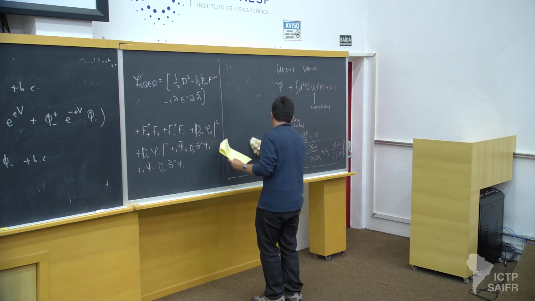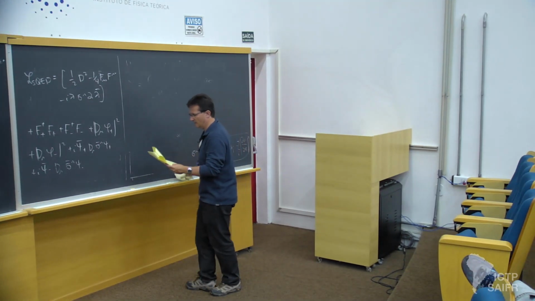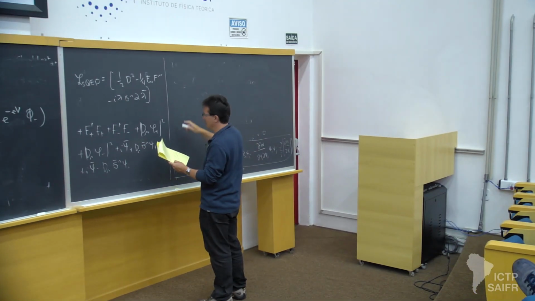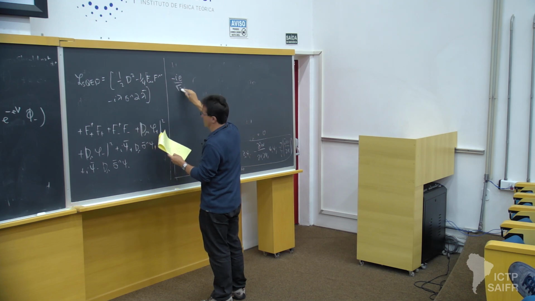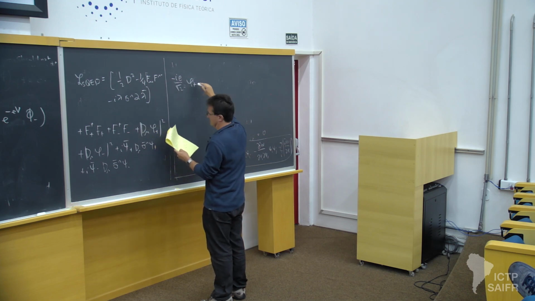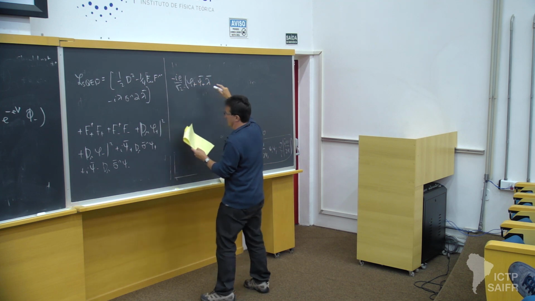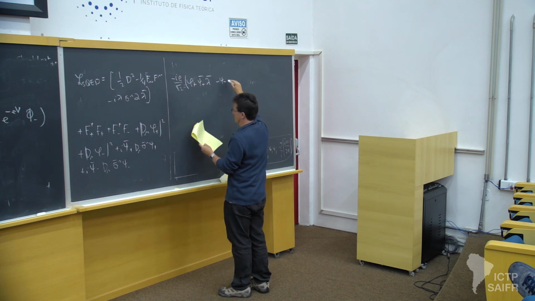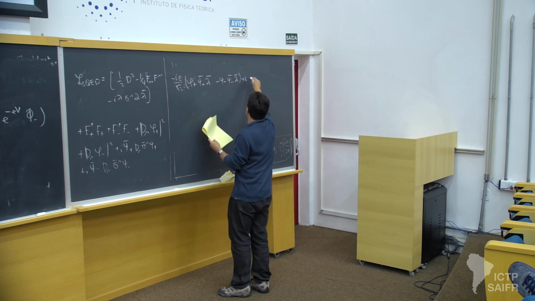Yes, the term that is forced on you by supersymmetry, which you would not necessarily have guessed: minus i e over root 2 times phi plus psi plus bar lambda bar minus psi minus bar lambda bar, plus Hermitian conjugate.